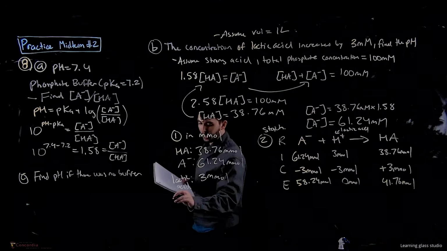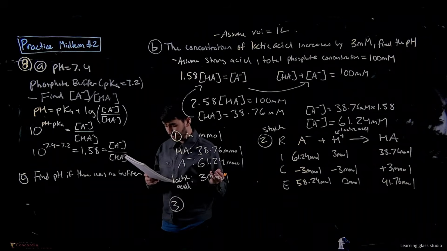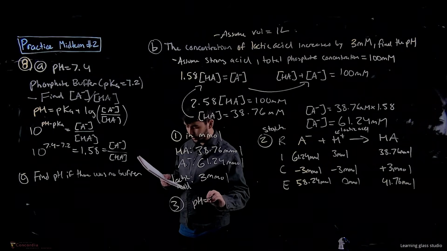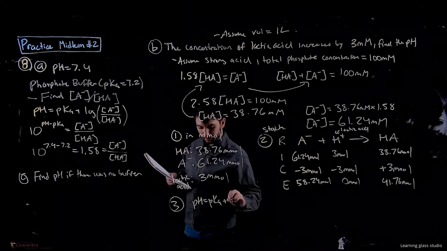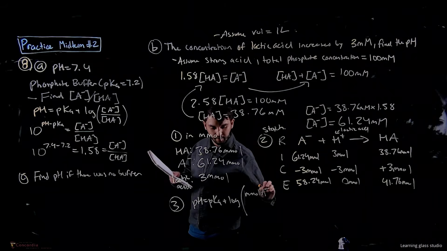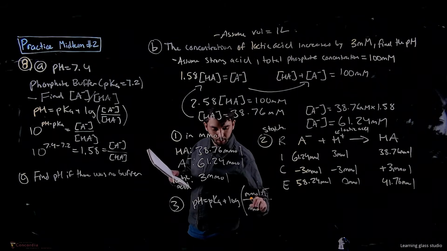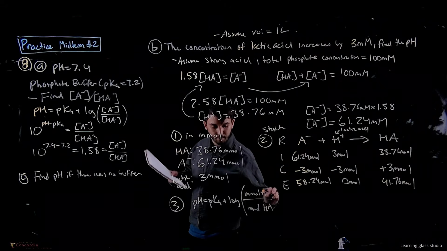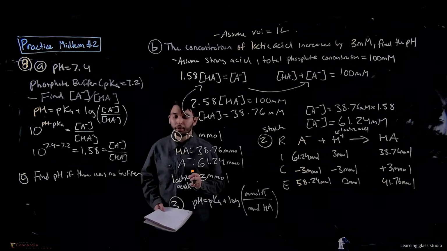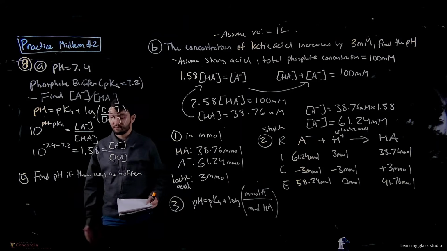All right, part 3. We enter this all back into the Henderson-Hasselbalch equation. So pH equals pKa plus the log base 10 of millimole A- over millimole HA. As we found, you don't actually need the volume for this equation. It's the same volume for both, so therefore it will just cancel.